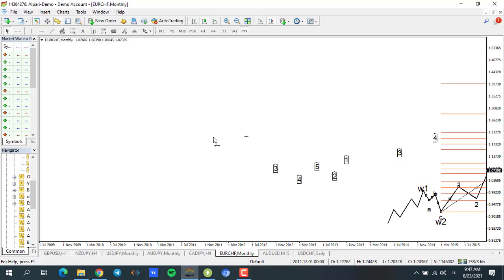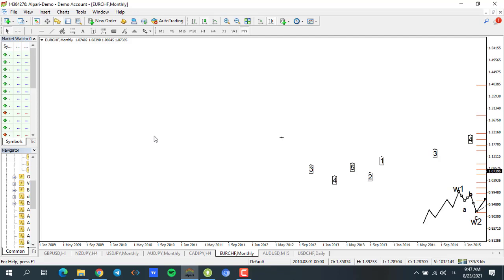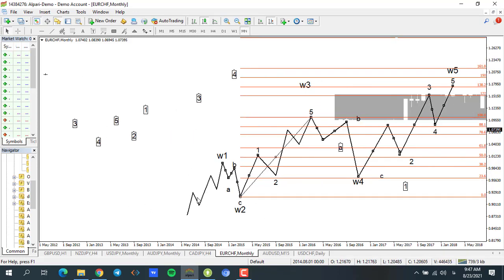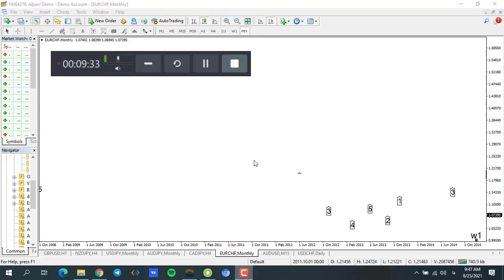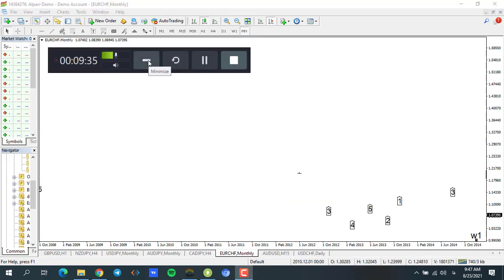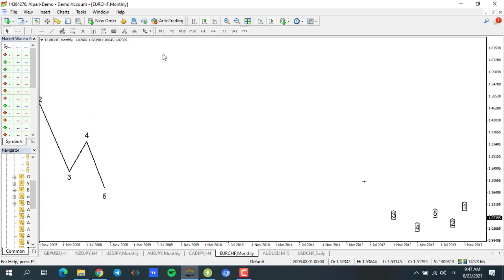We have other patterns that are not ideal. For example, we do not have 5 waves for W1. I can say another pattern. We have the diagonal pattern.